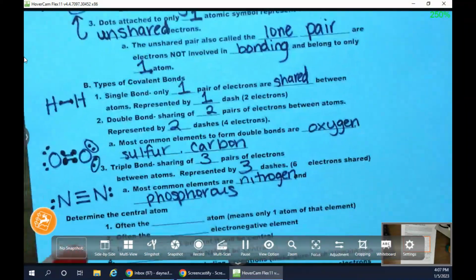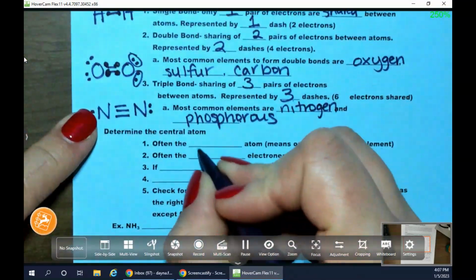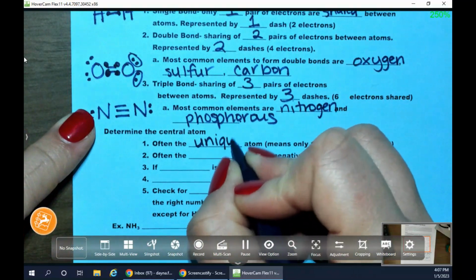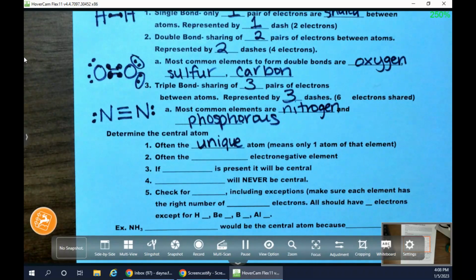All right. So who goes in the center when I have something that looks like that? Often it's the unique atom. What I mean by unique is where you only have one type of that atom. Does that work for this one? No. C, H, and I, right? And we have only one C and one I. That doesn't work.